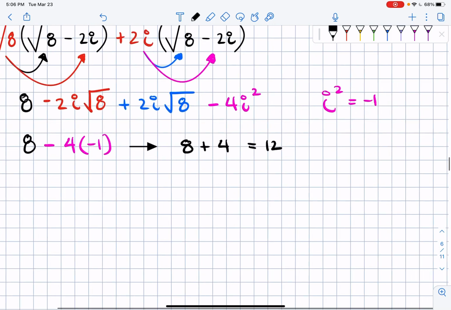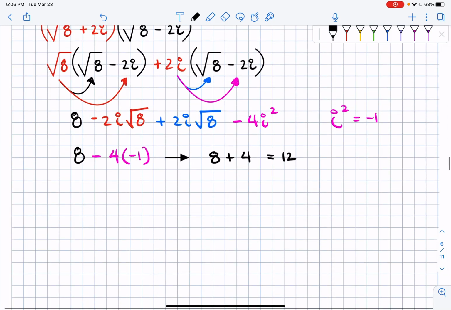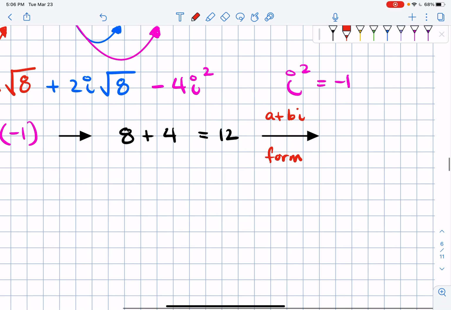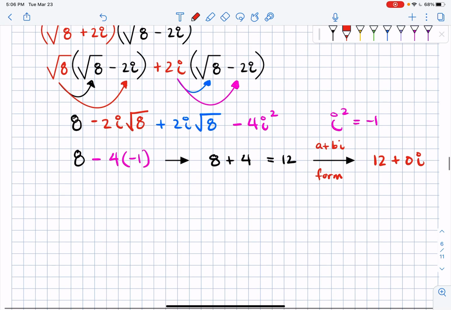Now, because it wants it in a plus bi form, this is going to be a 12 plus 0i, because there's no imaginary part, only the real part.